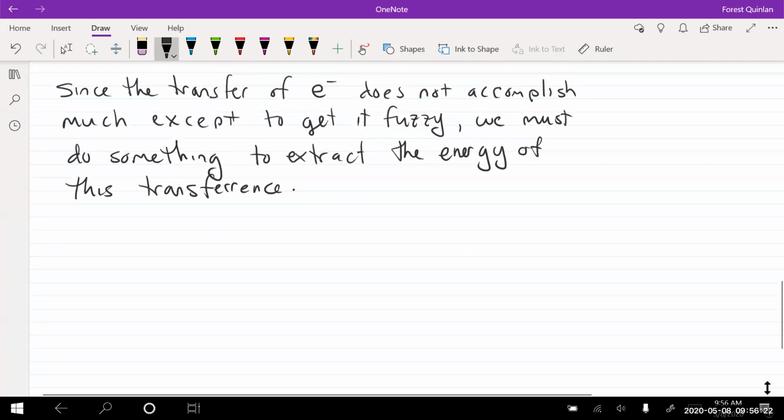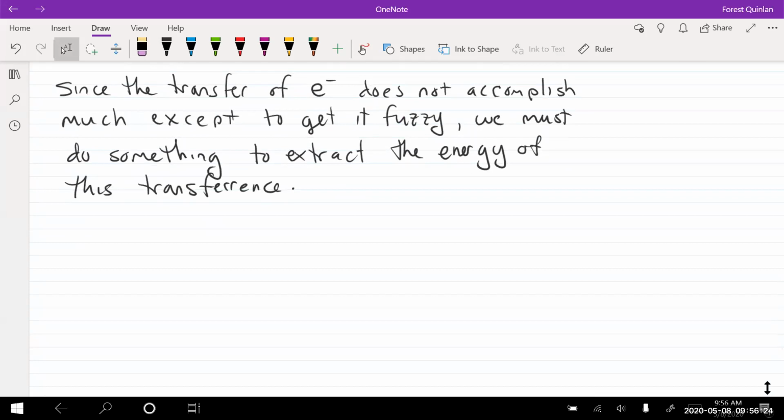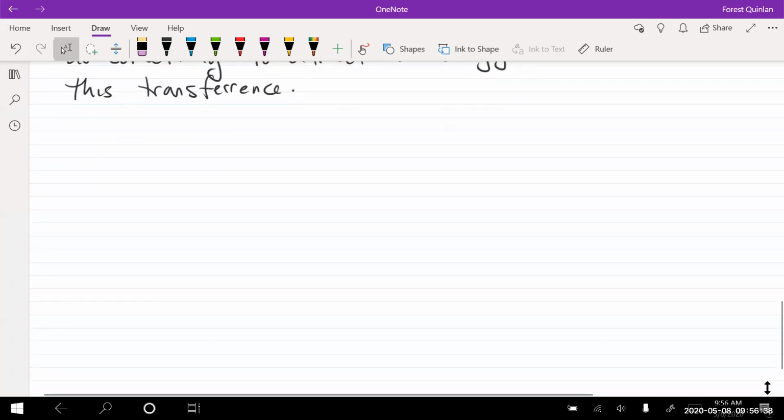There's a couple ways of doing these, and I'll go ahead and show you a couple of the common ways of separating these and then extracting the work. One of them is what is called an H cell.